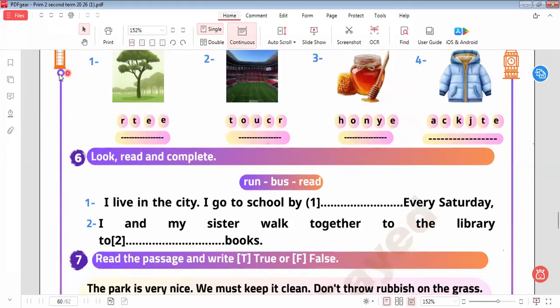Here we say tree. I put here tree. Here it will be court. That is the place which we run around. Here is honey. Here is jacket.